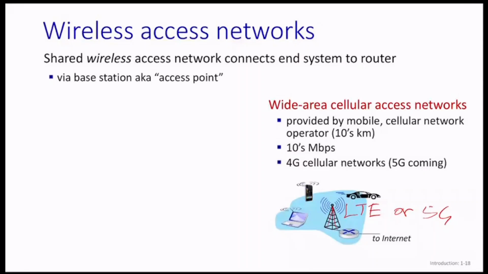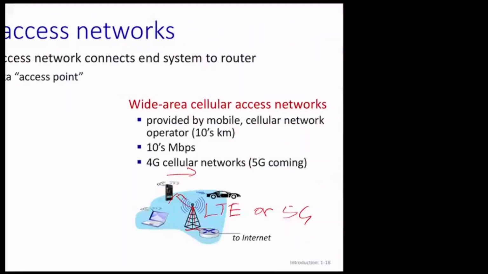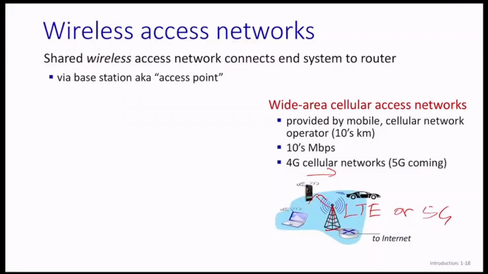Here there is the base station, which can provide internet service to smartphones or other devices, even when the device is moving. So we also need to handle the mobility problem for the cellular network.